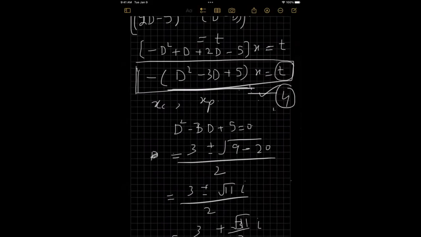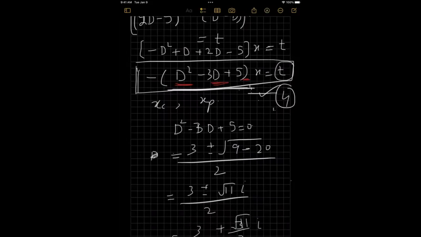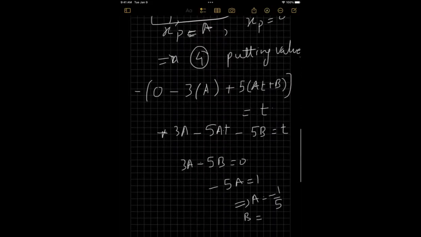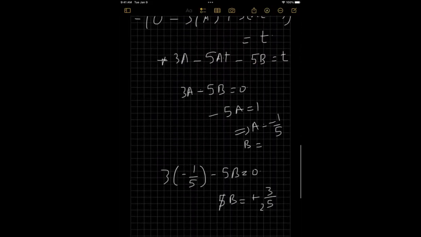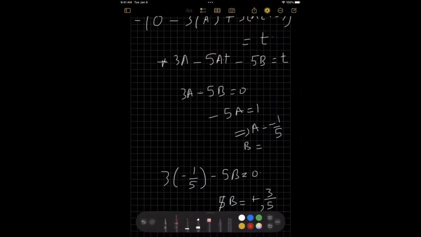Instead of D squared I applied x double prime p, here x prime, and with y we multiply with x. After this, we reach here and by solving it, comparing the coefficients, you will find a and b.